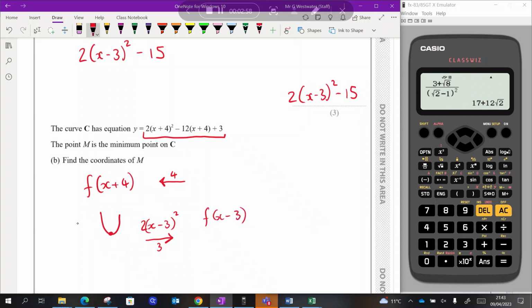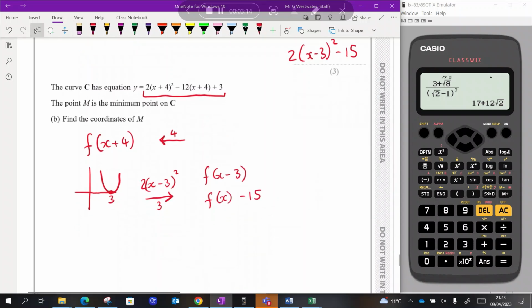So let's say that this minimum is now at the coordinate 3, 0, but now it's minus 15. So then we've done f of x minus 15 afterwards because it's outside the brackets, so this is going to shift down 15. In fact, I'm just going to draw this further up and say that this is now at minus 15. Okay?